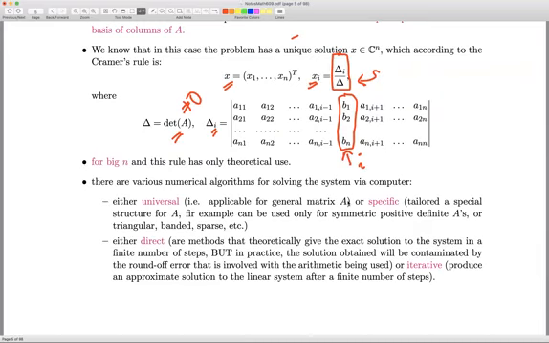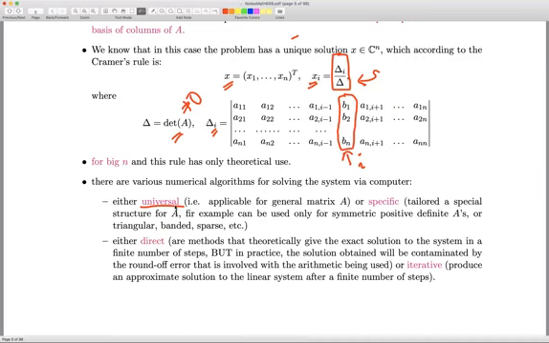Some algorithms are universal, in the sense that the algorithm can be applied for solving any system Ax = b for any invertible matrix A. So we have this recipe or rule for any A.